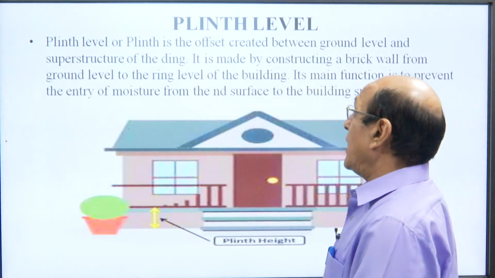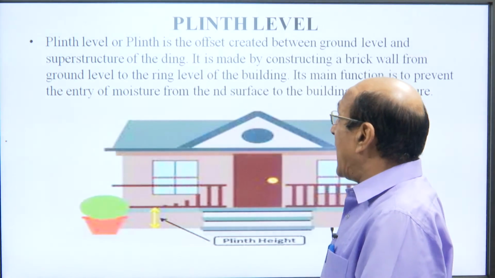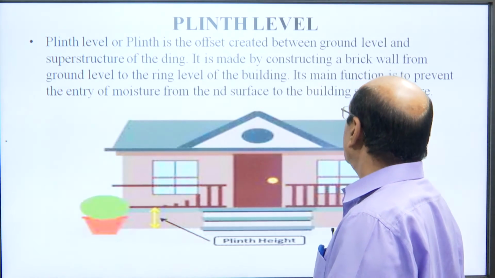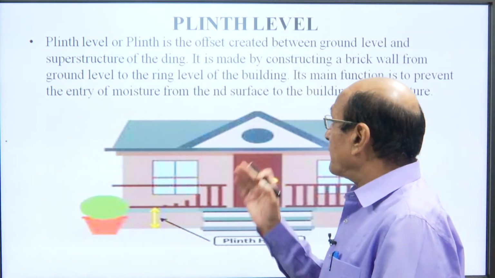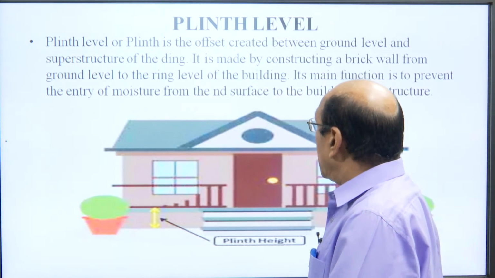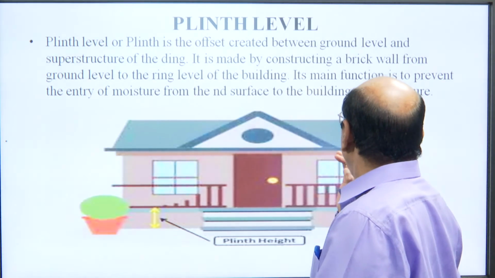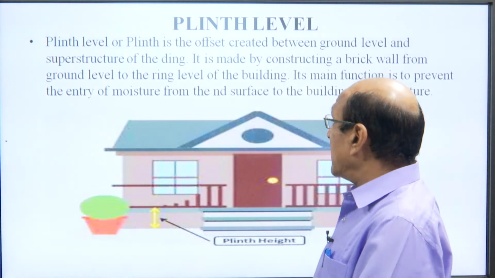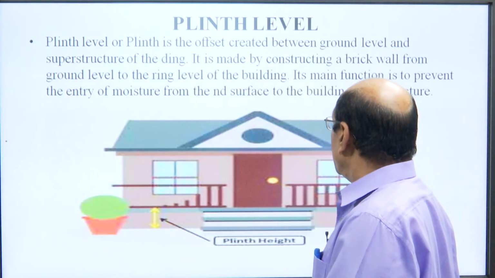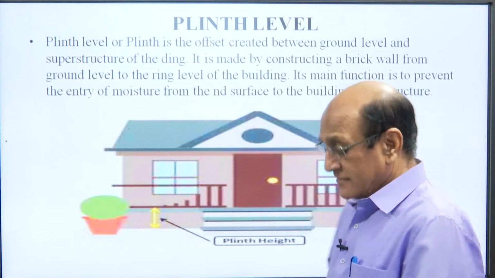So, plinth level or the plinth is the offset created between ground level and the superstructure of the building. It is made by constructing a brick wall from the ground level to the floor level of the building. The main function is to prevent the entry of moisture from the ground surface to the building superstructure.